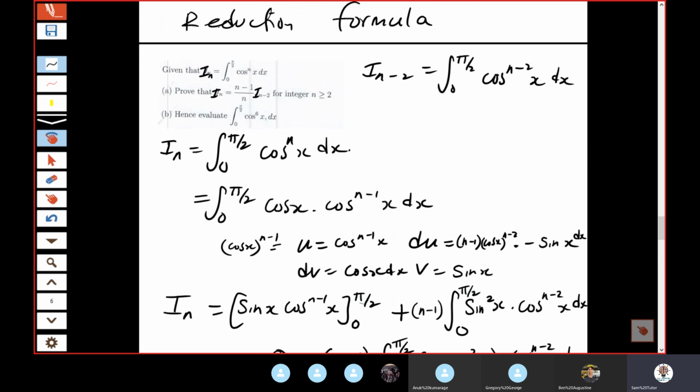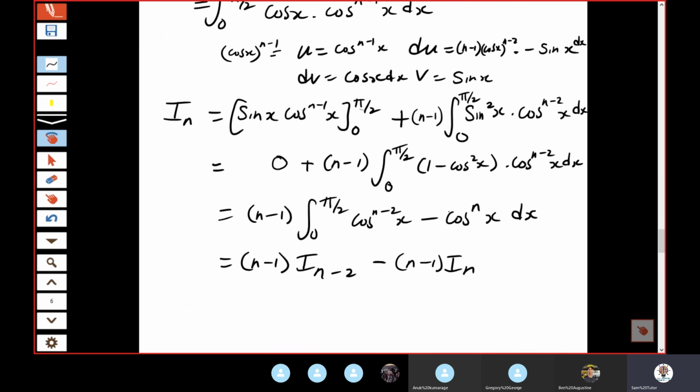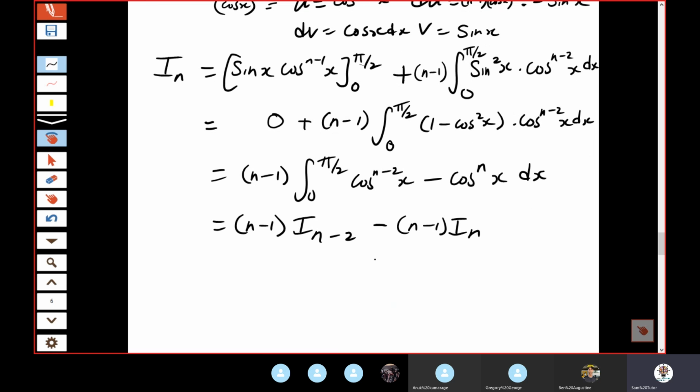The integral of cos n x from 0 to pi on 2 is just In, and I multiply by n minus 1 still, because that's multiplied through. Bring this over, that becomes In plus this.